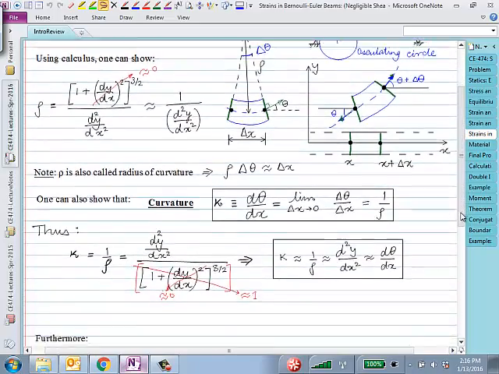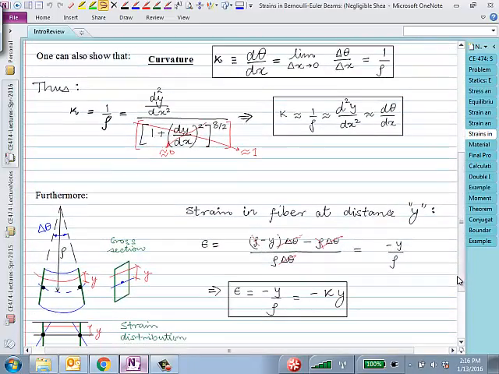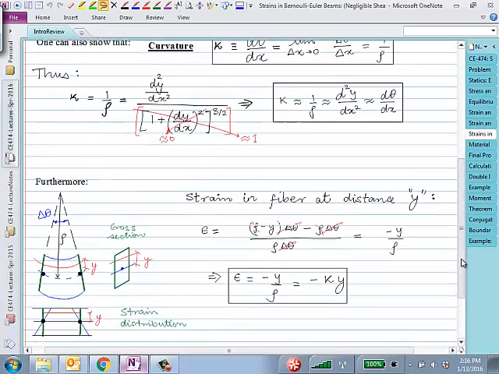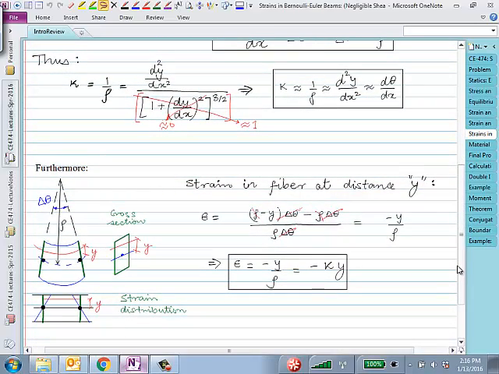And you can also show through this definition that if I go to a certain location of the beam, if I have two rigid cross sections, and after deformation they point like that, then at the center line or the neutral axis of the beam, the strain is zero.